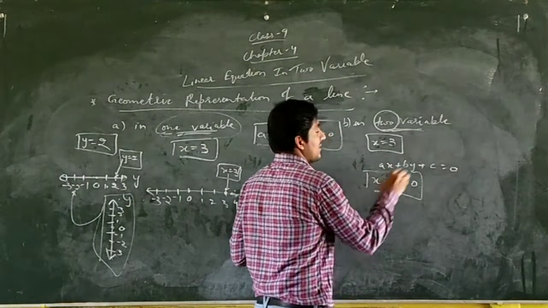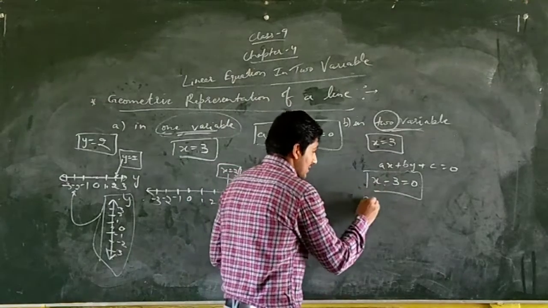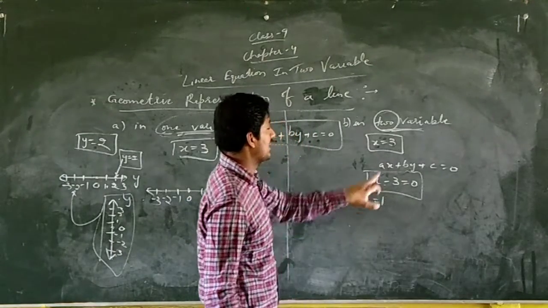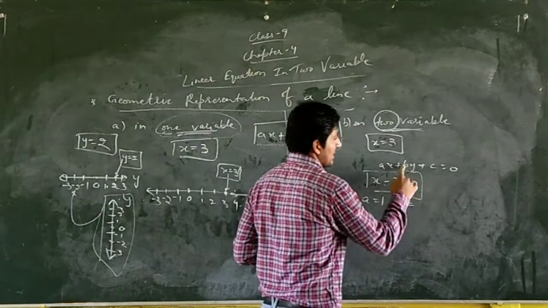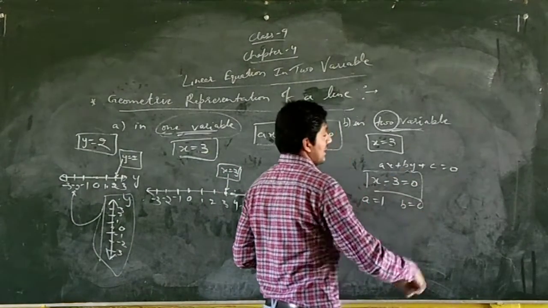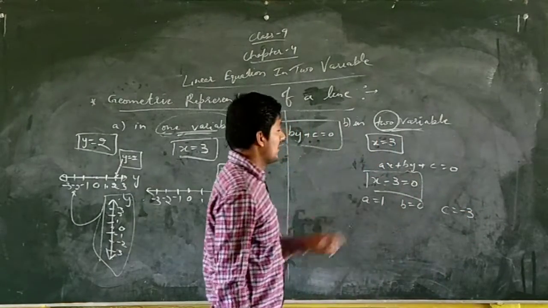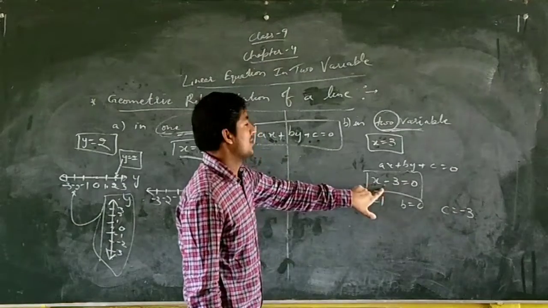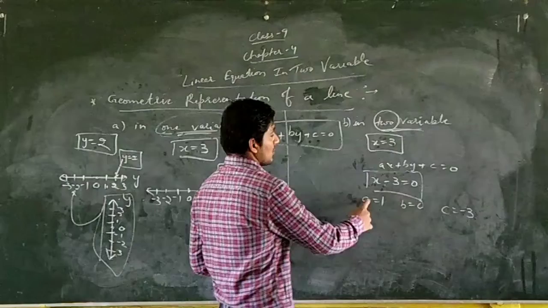Now compare this with the standard equation. What will we have? In this case, we have a is equal to 1. We have b, and b is nothing, that is 0. We have c, and c is minus 3. We have to compare this equation with the standard equation.